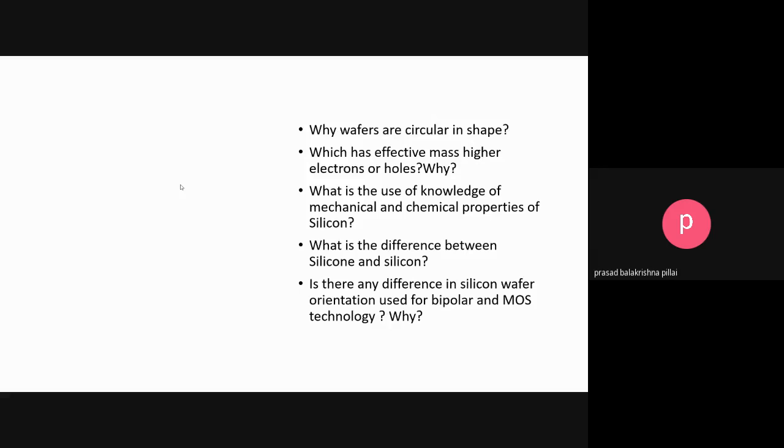Then, effective mass: which is higher, for electrons or holes? Holes. Why? Because they are less mobile in comparison. Yeah, but actually it is opposite. They are less mobile because they have a higher mass. For example, take a truck and a car.